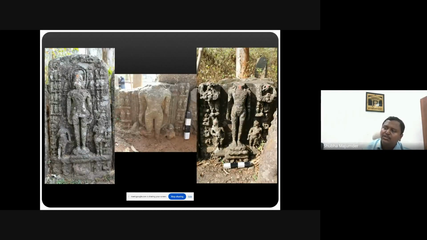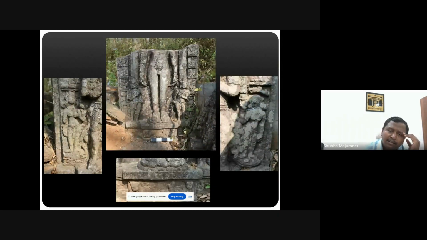In some cases we notice only the planetary deities without any 24 miniature Tirthankara. So the variation is also noticed in the case of Rishabhnath images for this particular area. And this is very interesting.